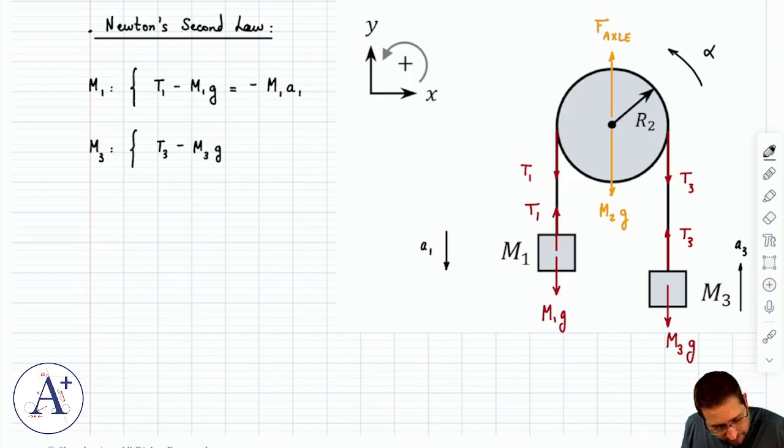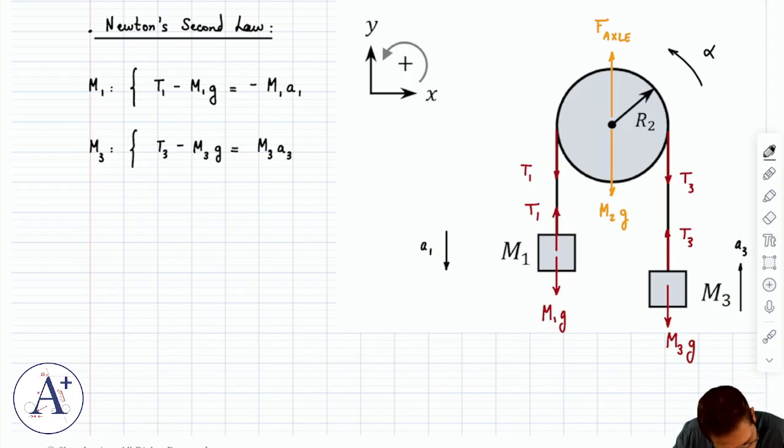M2 can wait. For M3, up is positive, so it's T3 minus M3G is equal to, well, A1 is down, but A3 is up, so it's going to be M3A3. So careful with signs. It's really easy to be off by a minus when you do this because of the direction of one acceleration.